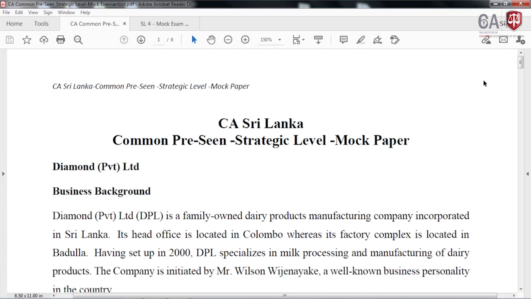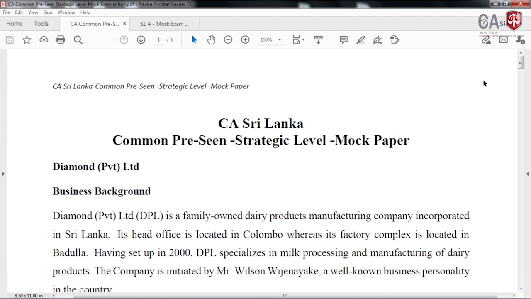In other words, some of the information is relevant to SML, some of it may be relevant to FM, some of it may be relevant to your accounting paper.